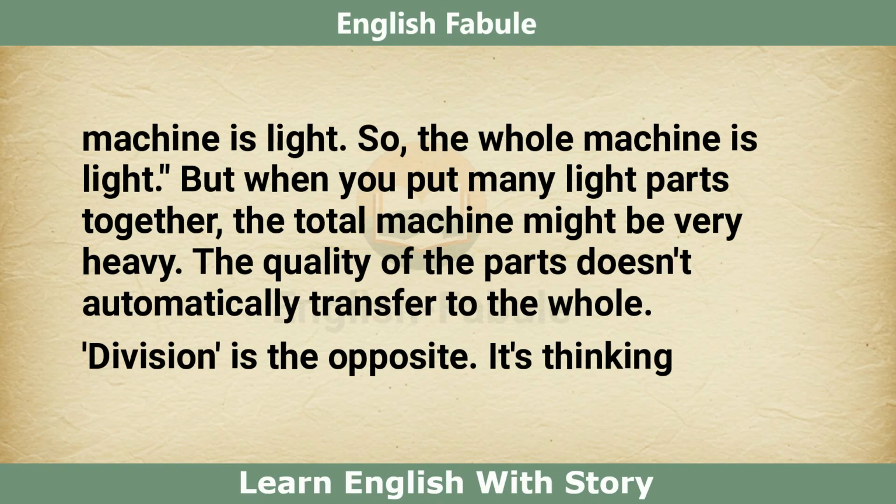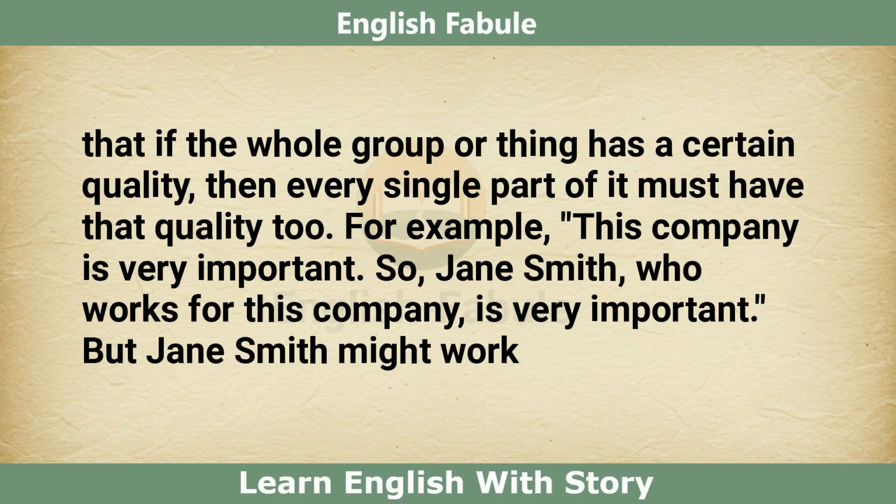But when you put many light parts together, the total machine might be very heavy. The quality of the parts doesn't automatically transfer to the whole. Division is the opposite. It's thinking that if the whole group or thing has a certain quality, then every single part of it must have that quality too.